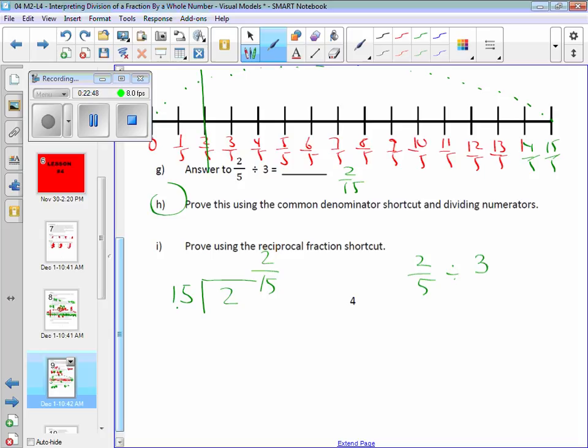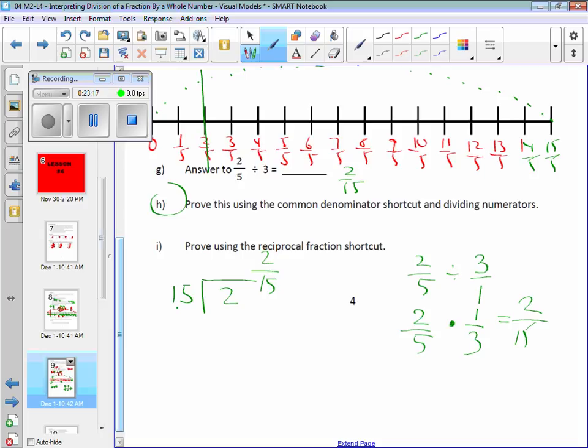Oh, it's so easy. Keep this 2/5. Change this to multiplication. And flip this. 2 times 1 is? 5 times 3? We call it keep, change, flip. And after lesson 4, we use it exclusively.